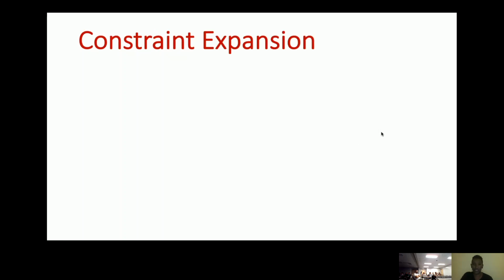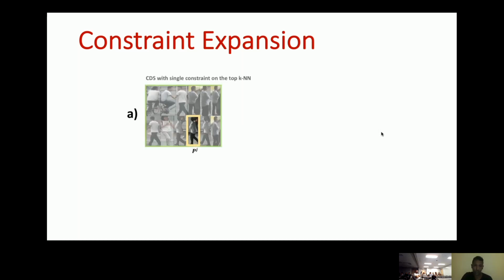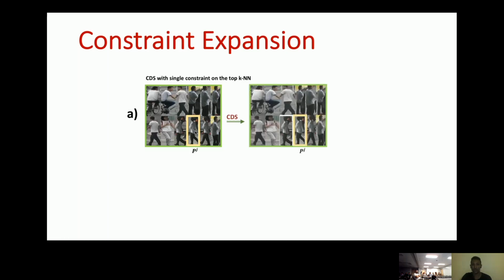But when we apply constrained dominant set here, we propose a new technique called constraint expansion. In this case, if you are given this probe image, first you find the nearest neighbors to this probe image, and you apply constrained dominant set on these nearest neighbors.